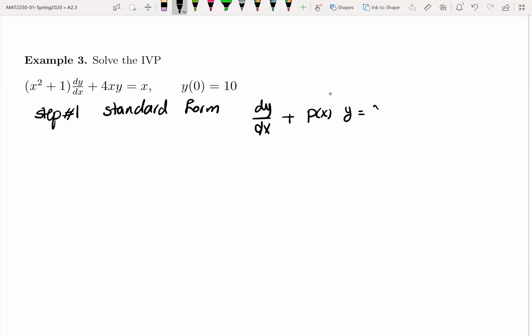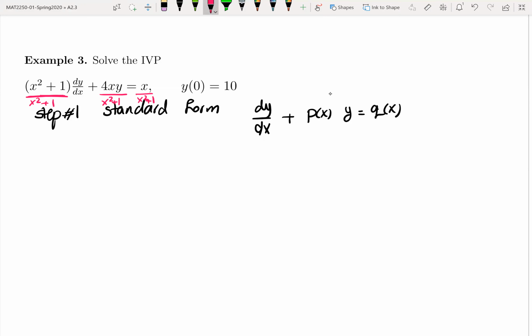I have to have y, and then I have to have everything only in terms of x on the right side. Again, it seems the only problem is just this factor. You must divide by x squared plus 1.